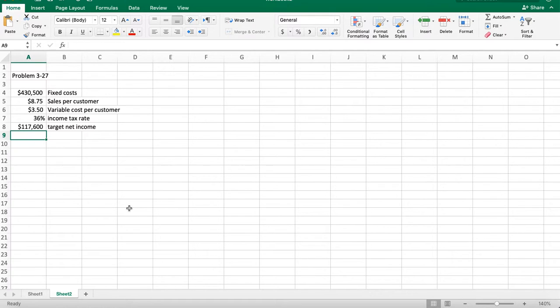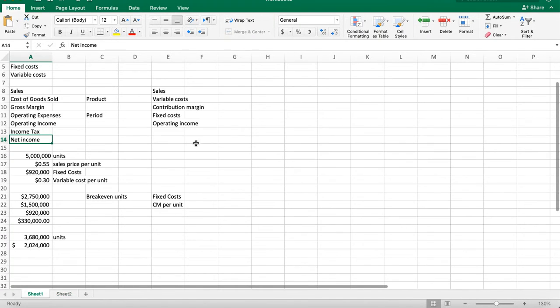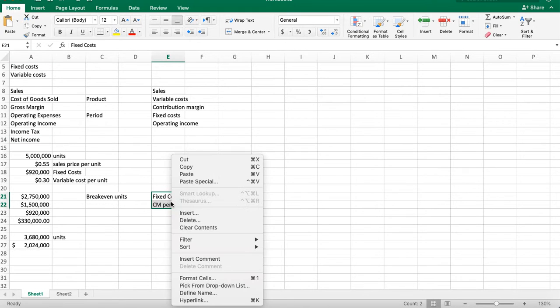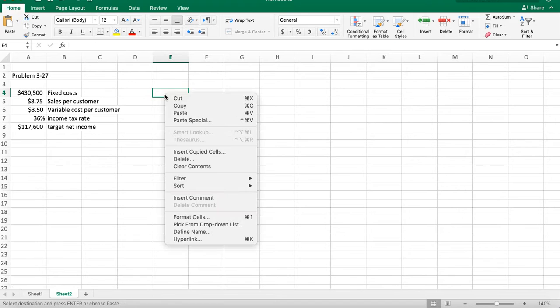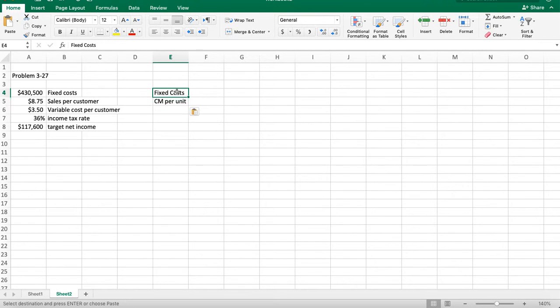So what I would do on this one, if you remember this formula we used, fixed cost divided by contribution margin per unit, you can use something very similar and just add target income and use the same formula. But first, before you do that, let me change this wording.